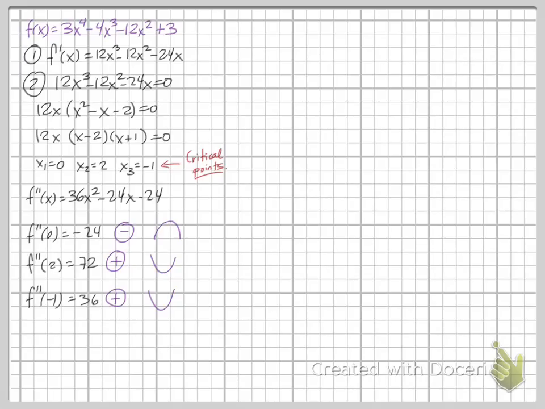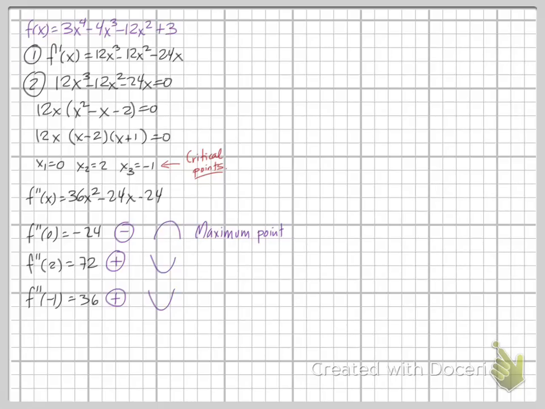So I can see which one is a maximum and which one is a minimum point. In this case, because my function is concave down, when x equals 0, my function has a maximum point. So I'm going to write a maximum point, because my function is concave down.